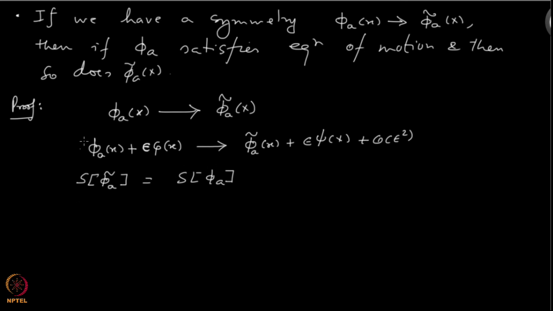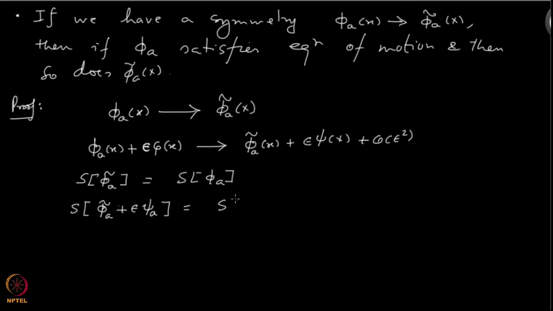So, that means if I take S of phi tilde A, I am suppressing x right now, plus epsilon psi A. Meaning I am looking at this field configuration, then the difference between this and that is of order epsilon square terms that are generated.